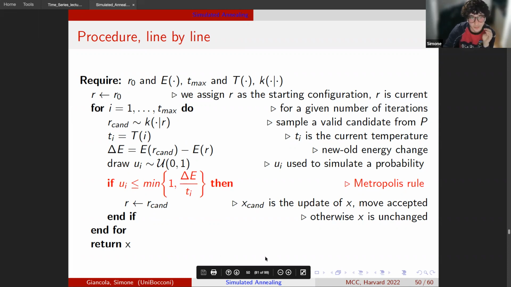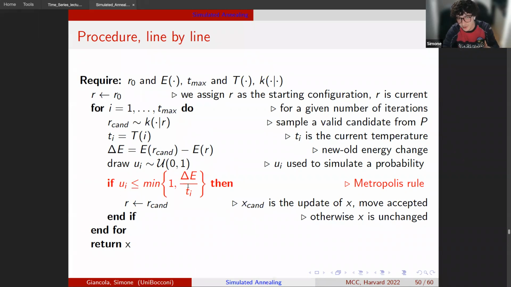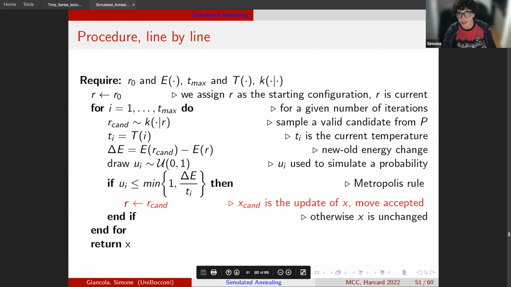If U, which is used to simulate the probability, is less than the minimum of 1 and the change of energy over the temperature, which is the acceptance rule, then we assign the candidate to R, which is our possibly minimum distance configuration.